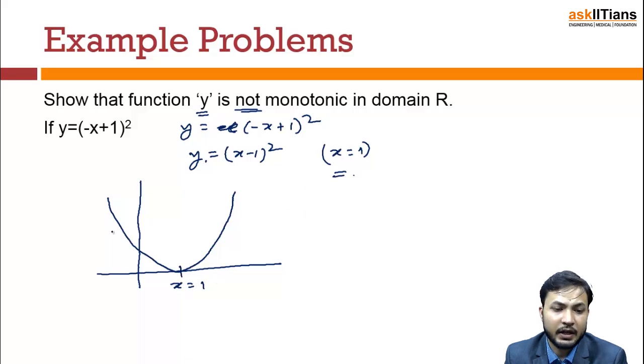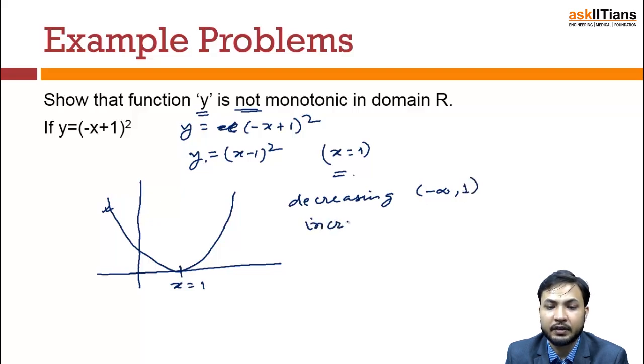Again over here you see it is decreasing in the domain of minus infinity to 1, and increasing in the domain of 1 to infinity. This will be closed. Similar to the previous question, this is also not monotonic.